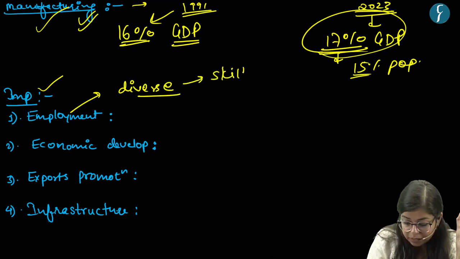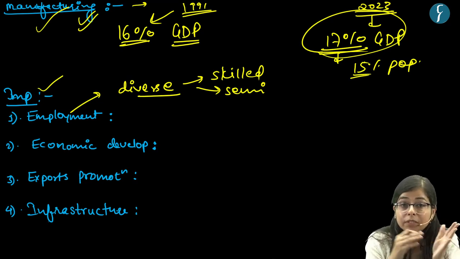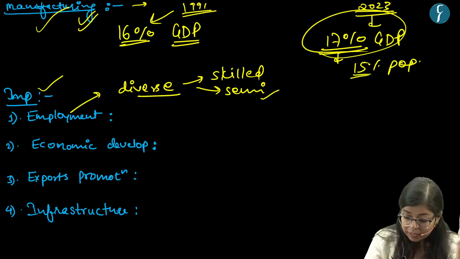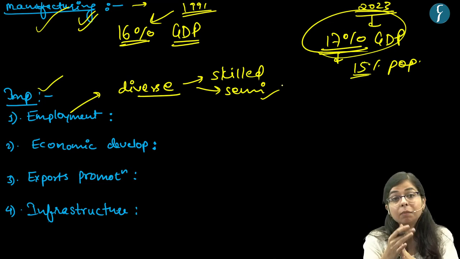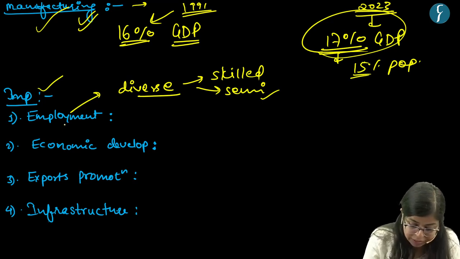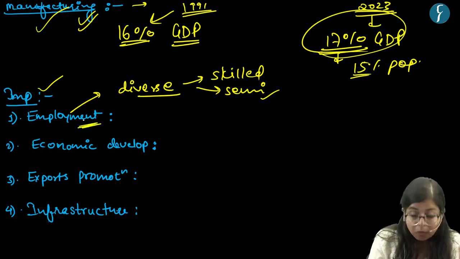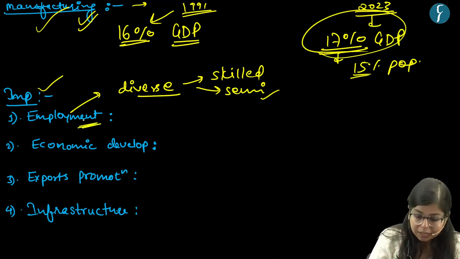They can be skilled, they can be semi-skilled, or sometimes even people with inferior skills also, right? They can be part of labor intensive manufacturing units or industries, right? So the first thing is the enormous opportunity this sector provides in employment, right?